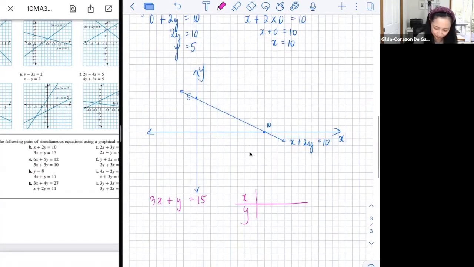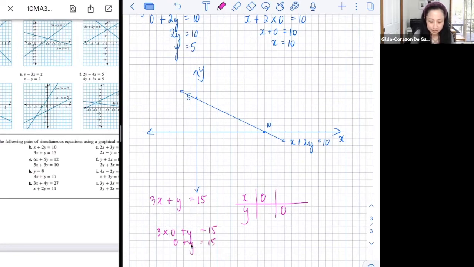We want to find the value of y when x is 0. So that becomes 3 times 0 plus y equals 15. And this just becomes 0. So 0 plus y equals 15, and therefore you can say that y equals 15, correct?